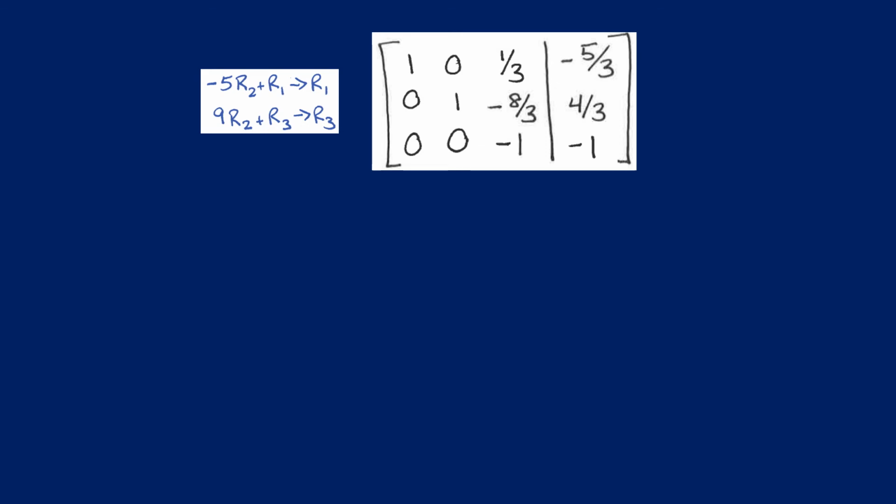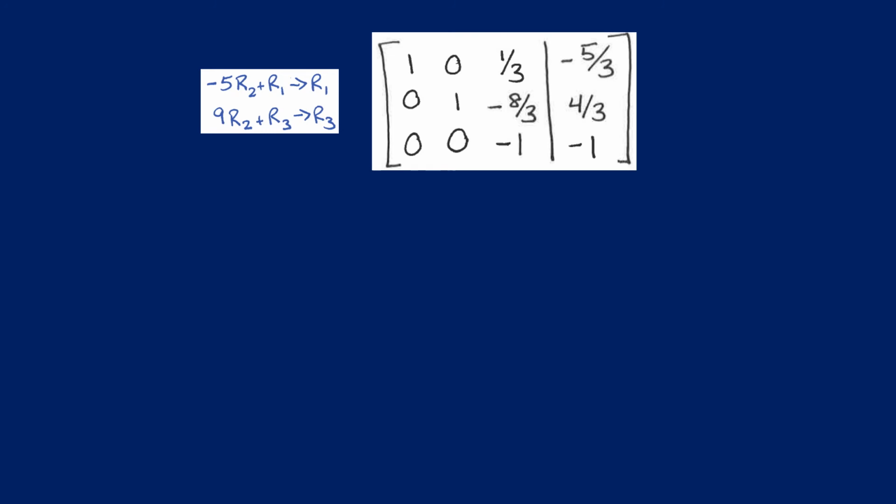Row 2 stays the same. And we're going to multiply row 2 by 9 and add it to row 3 to get a new row 3 of 0, 0, negative 1, negative 1.